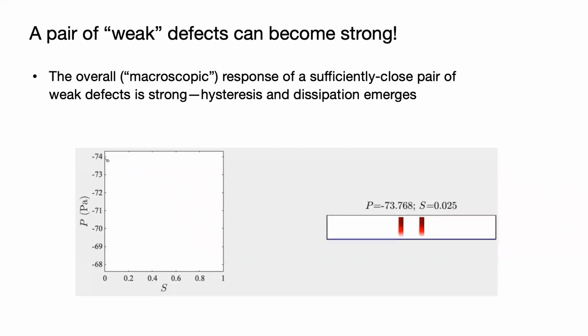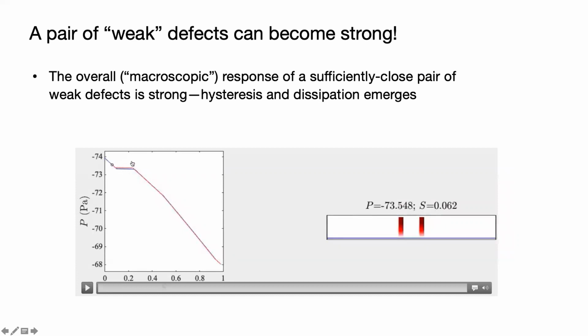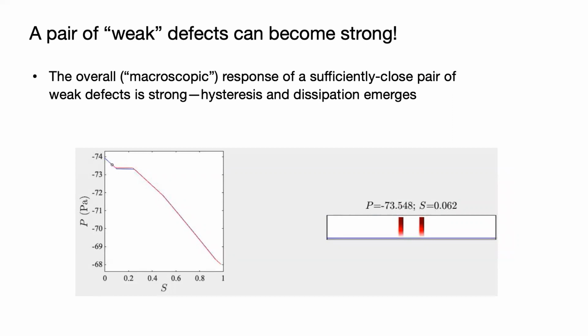But if you bring them close enough together, then you get this dissipative jump, which is non-reversible. The jump in imbibition is different. It's a little bit hard to see here, but there is a small hysteretic cycle. So the overall macroscopic response of this weak pair, if they are sufficiently close and they interact, is strong.